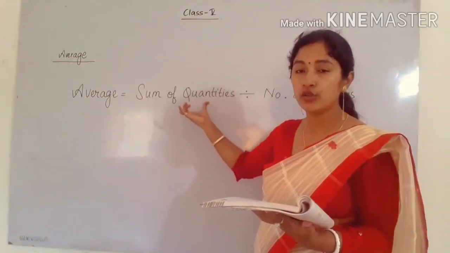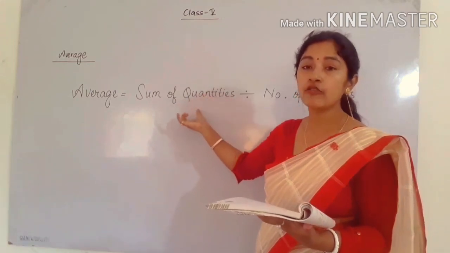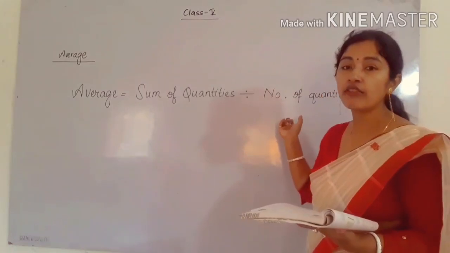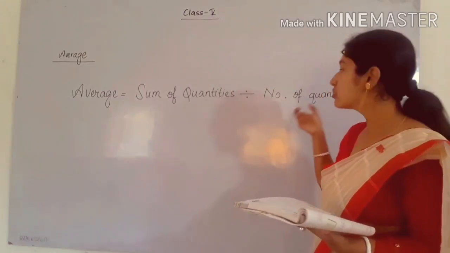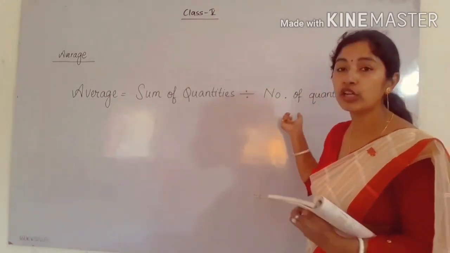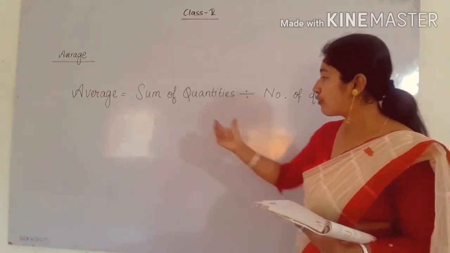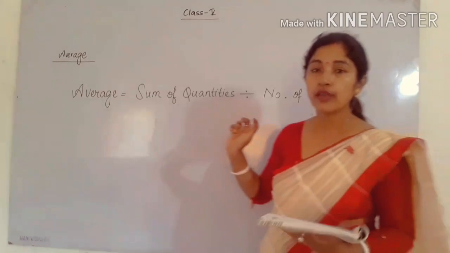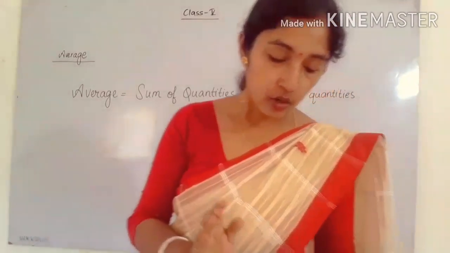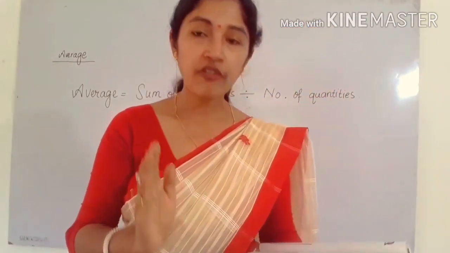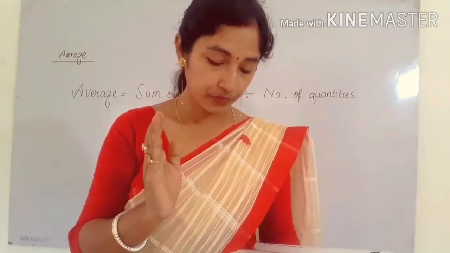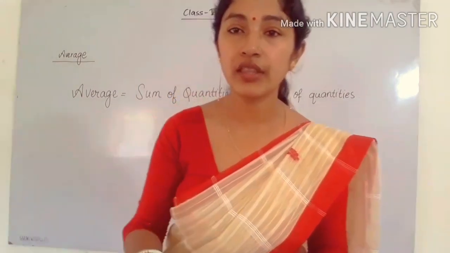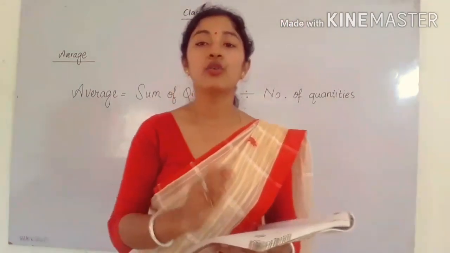Getting 14 hours, we divide by how many quantities you have added up? 7 quantities. So here you write the number of quantities, that is 7. 14 divided by 7, you will get 2. So what is the average number of hours you study daily? That will be 2 hours.